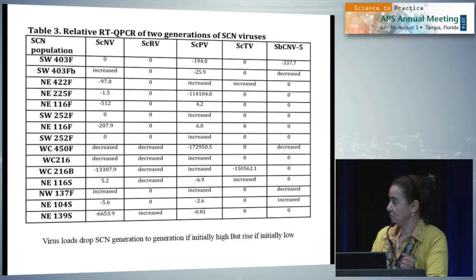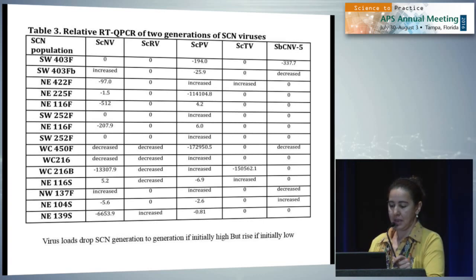And as you see from this table, we determined the viral load using RT-qPCR through 2 generations of SCN. The numbers you see here are basically differences between the final viral load and the initial viral load.